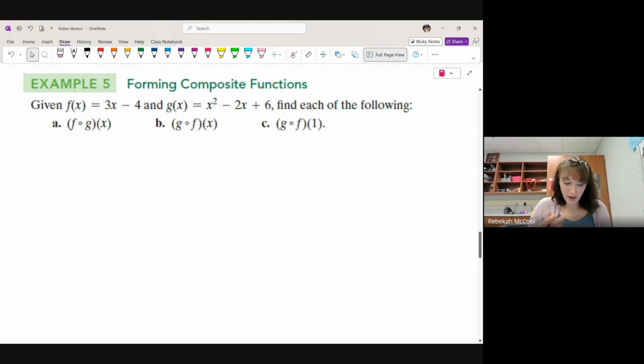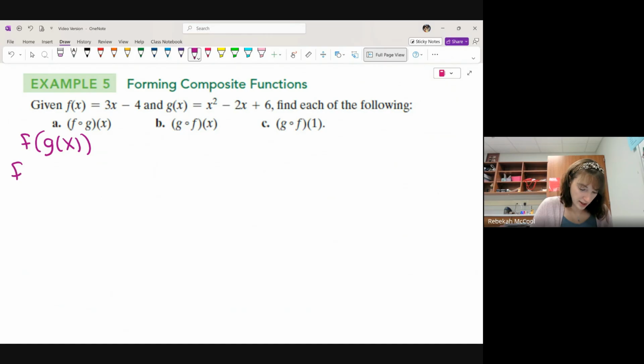All right, so we've got two functions here, f and g. We're going to do each of the following. So this says f compose g of x. I always start by rewriting it into this notation because I like it better. So I'd rewrite it as f of g of x.